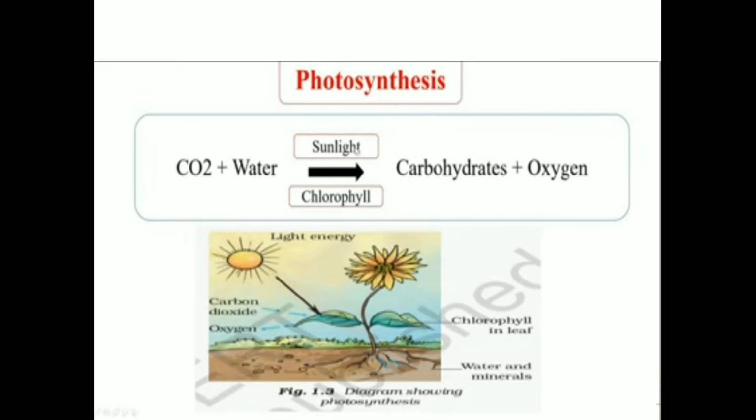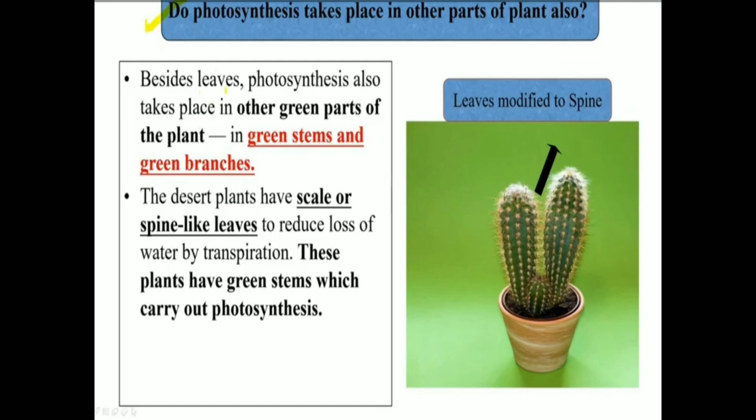So, we have learned that the process of photosynthesis takes place in the leaves of plants. But does photosynthesis take place in other parts of plants also? The answer is yes. In some plants, photosynthesis takes place in other green parts of the plant also, such as green stem and green branches.